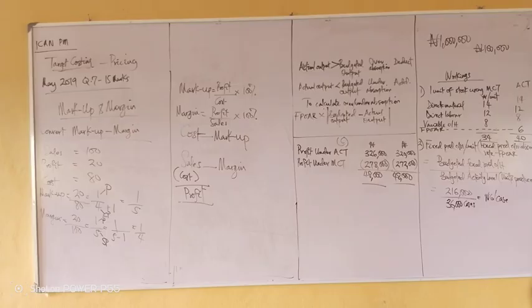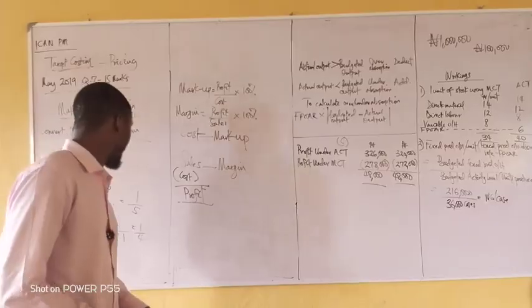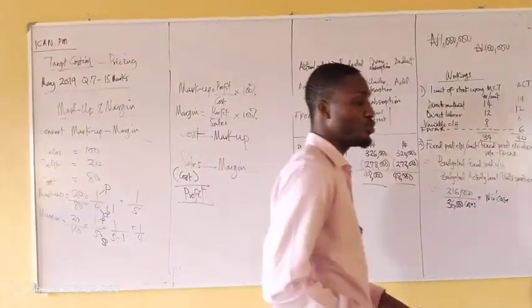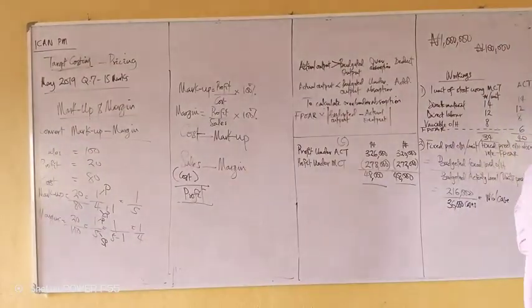To convert from markup to margin, simply add the numerator to the denominator.